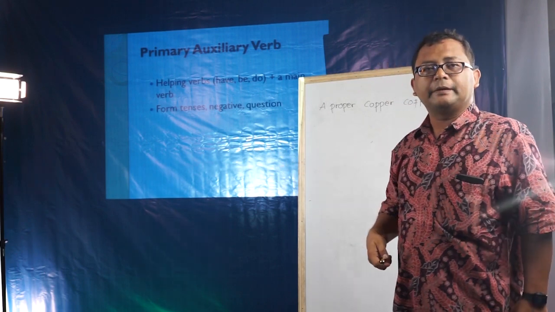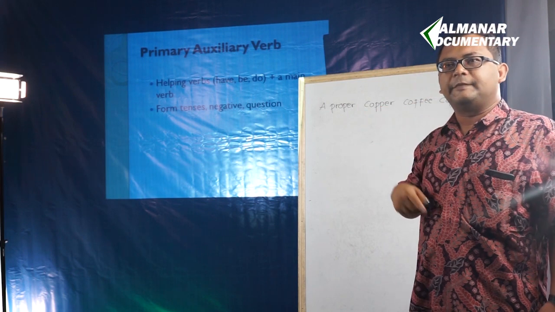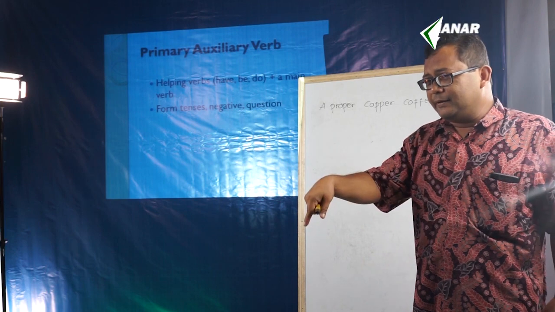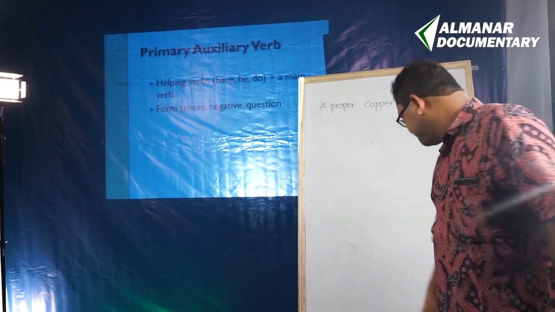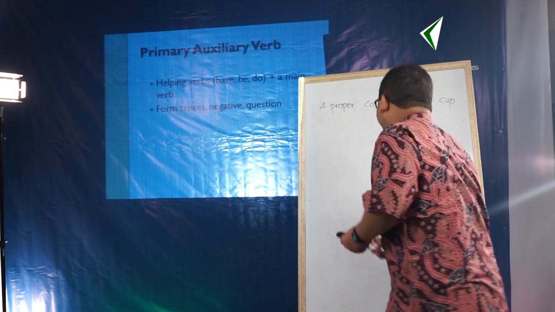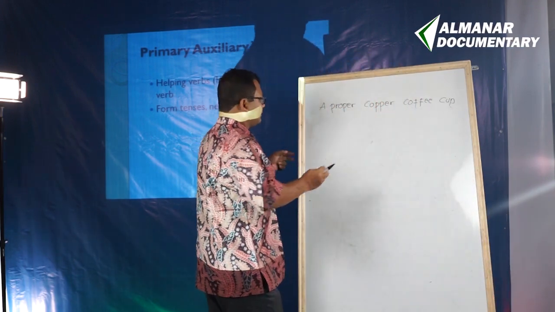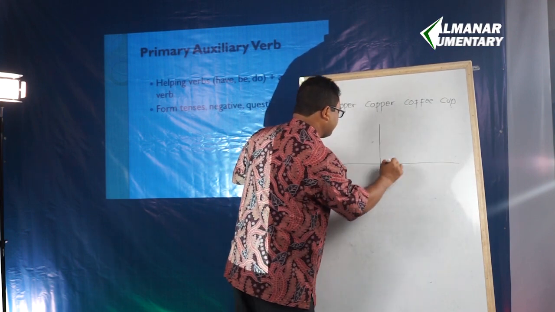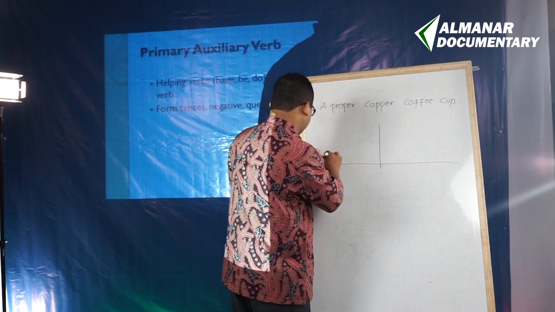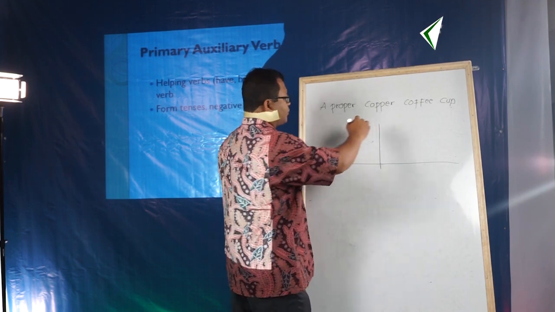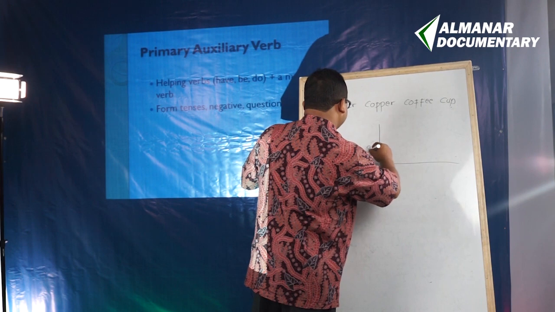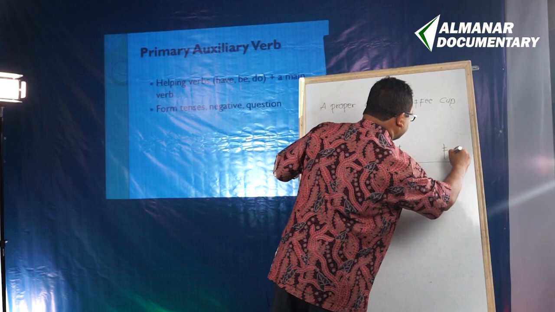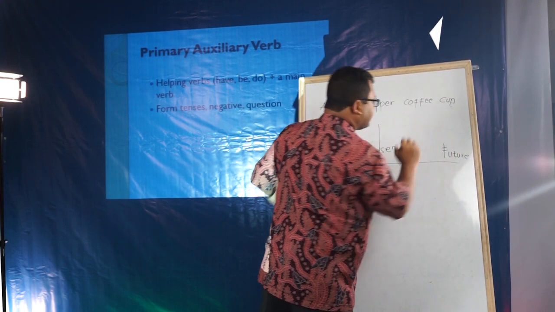You know tenses? How many tenses in English? In general, we have 3. Past, present, and future.